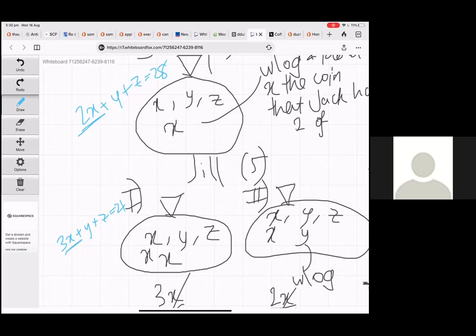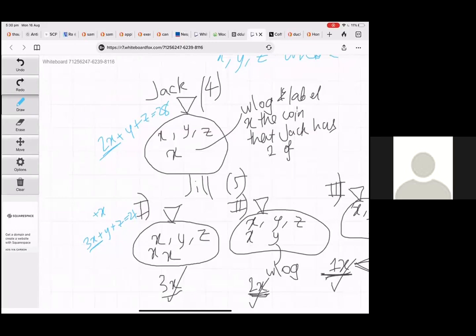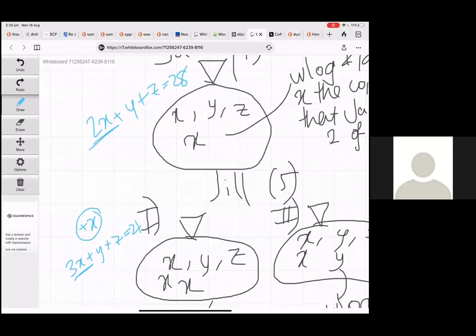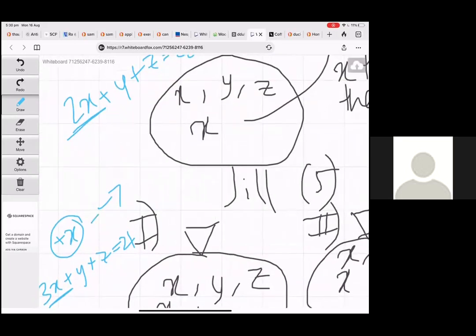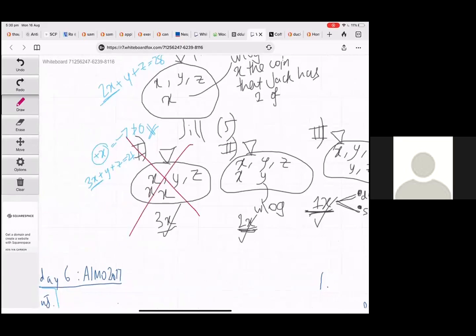So there's an additional x going from Jack's bag to Jill's bag. And we're saying that this additional x has the effect of taking away 7. But x has to be positive because these are coins. So x equals -7, which is not greater than 0, is a contradiction. And that means it's not case 1.